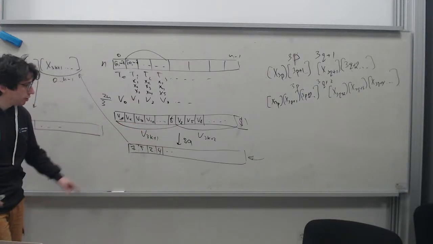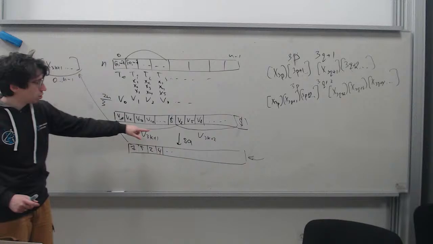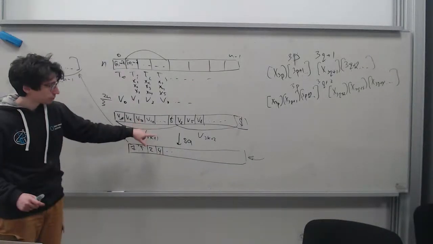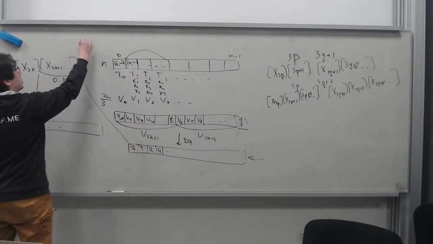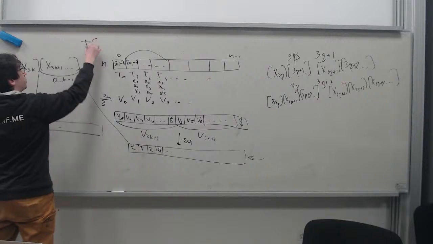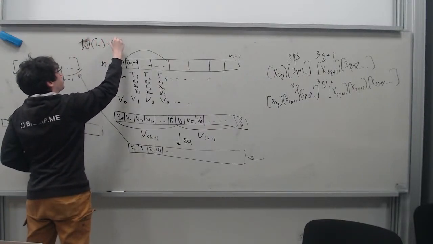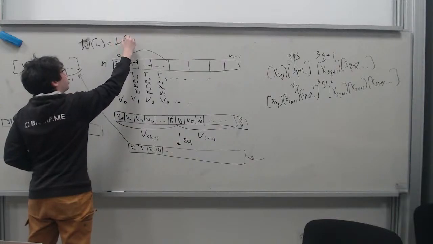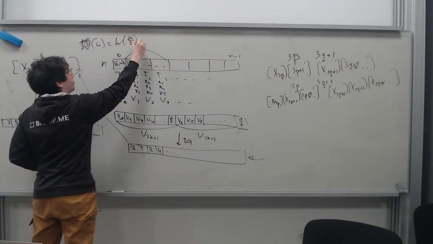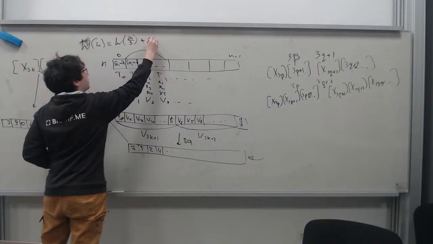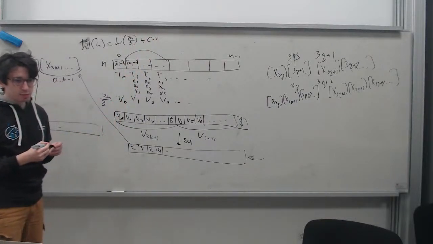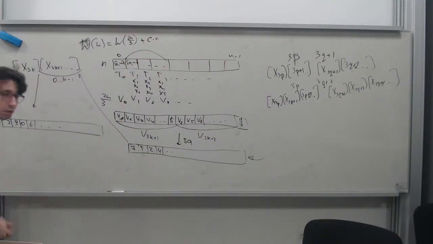The only thing that we don't know is the suffix array, but we will have complexity of 2n divided by 3 plus c times n, right? So that appears to be linear work.